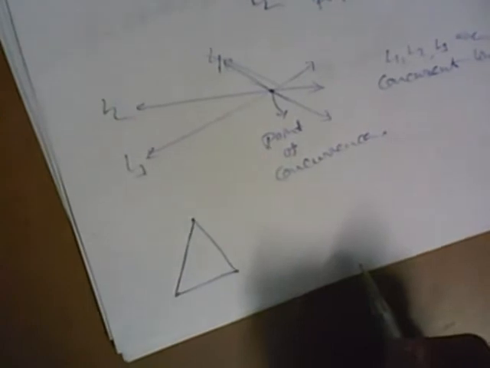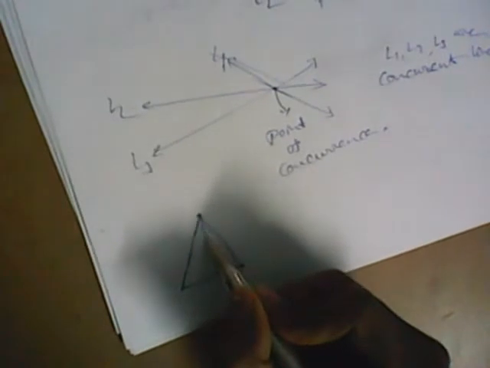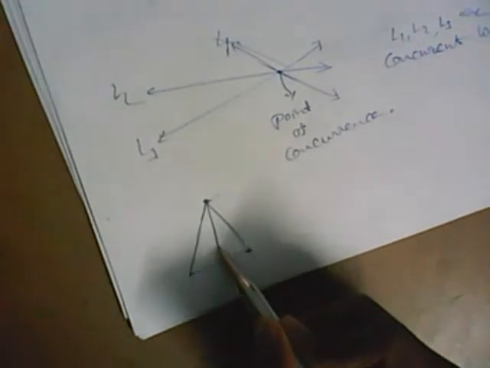A triangle consists of some concurrent lines. We need to discuss them now. If we join the vertex and the midpoint of the opposite side, then we get a median.